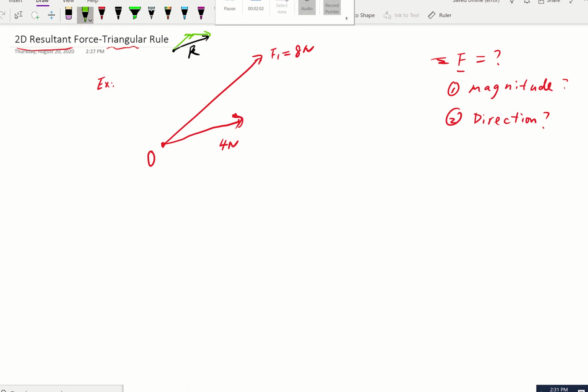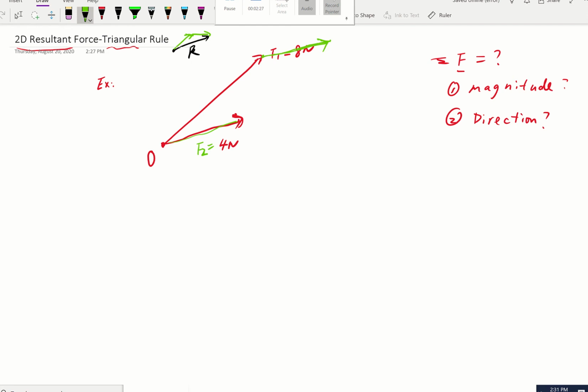Very simple, right? We just move from the head here. We're going to draw a line parallel to this F1. And this is F1, so this is F2. Parallel to F2, so we basically move this line up here. And it has to be the same length, because the length dictates the magnitude.